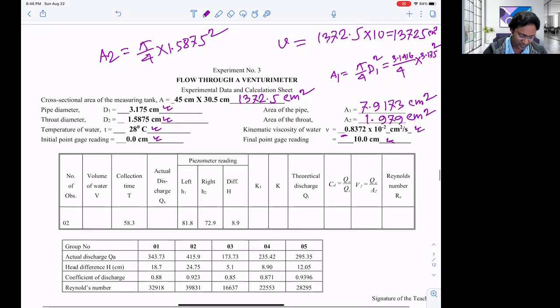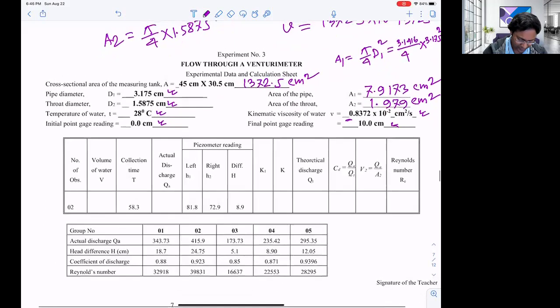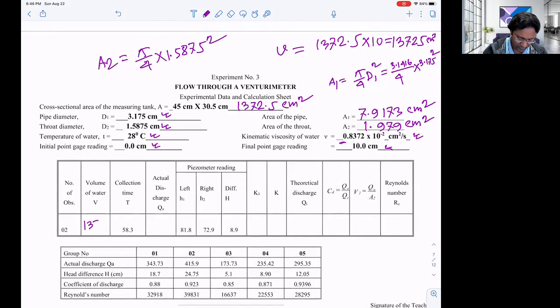Then let me just show you the calculation. We know that the volume of water is 1372.5 centimeter cube, and we get the time from the experiment. So what will be the actual flow rate? It will be 113.725 divided by 58.3.